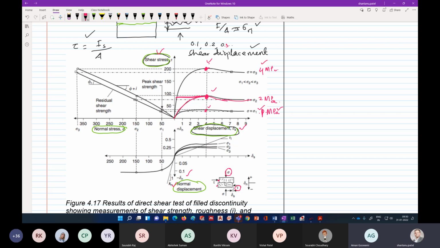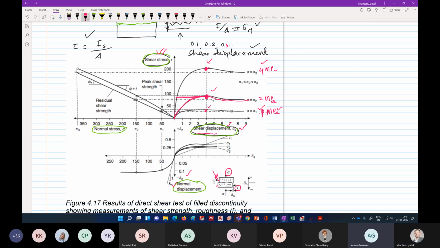Now it is moving towards the right side. That is the displacement, called shear displacement. If you plot this shear displacement versus the shear stress you are applying here, you get this kind of plot.